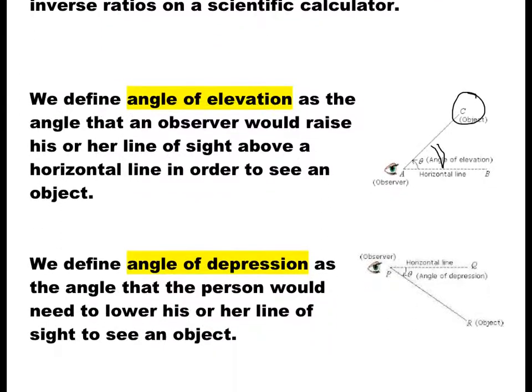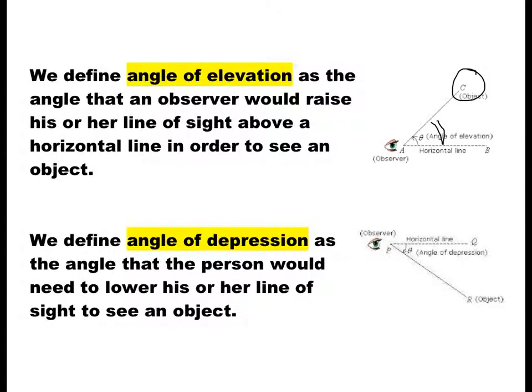Now the second one, which is very important, is angle of depression, which is the same idea as angle of elevation, but the difference now is that you are looking down. So if I'm looking at the bottom of a building, my line of view is going to make an angle with the horizon or a horizontal line.